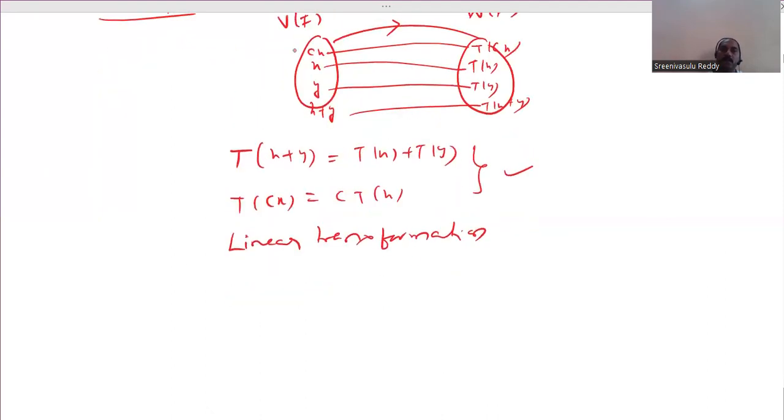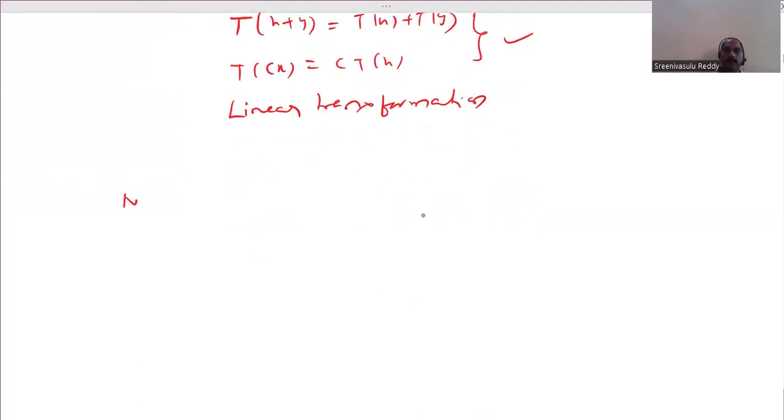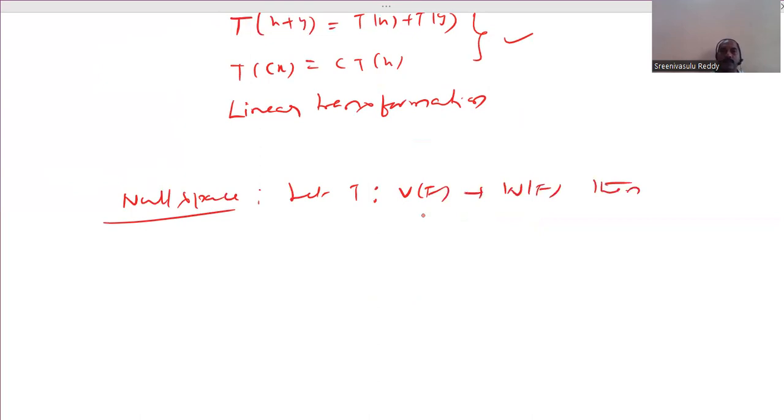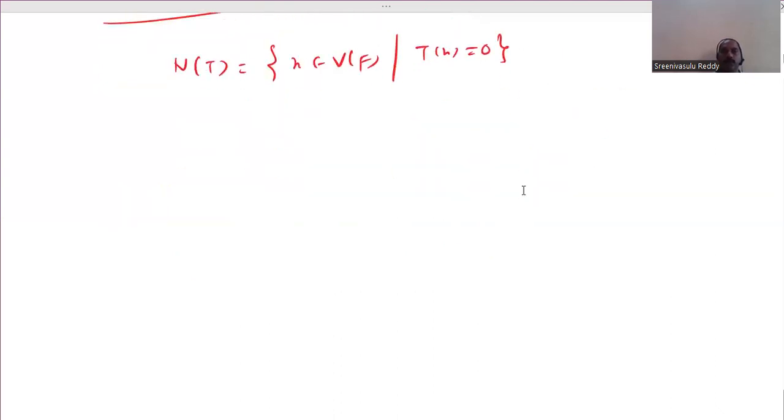Null space means the set of vectors mapping to 0. Null space of an LT: let T be a linear transformation from V to W. Then the null space N of T is nothing but the set of all vectors x belonging to the domain such that their images are equal to 0, because the additive identity in W is also 0.